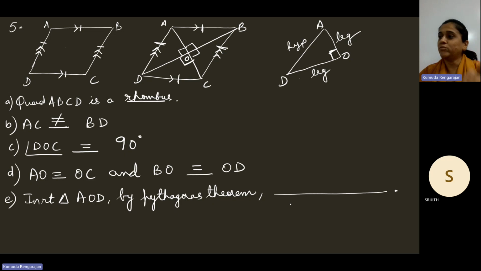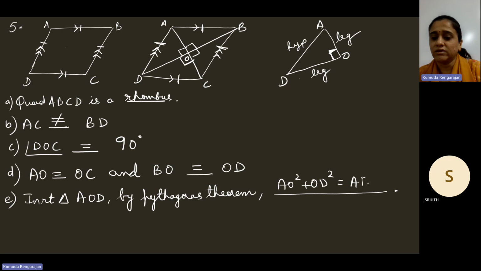When it's a right triangle, it's important to identify the hypotenuse, the side opposite the right angle. Now write: leg square, AO square, plus another leg, OD square, is equal to hypotenuse square, AD square.